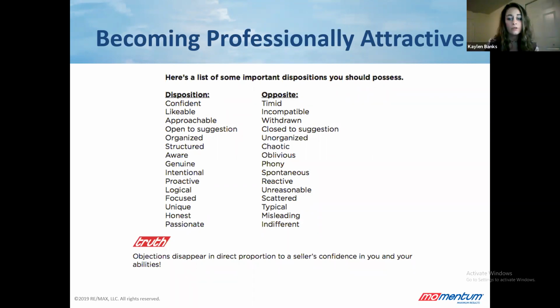That's so true. If you look up there at the screen that you're on, we're not going to go through every one of these, but the left side shows the disposition that we want to have. We want to be confident, likable, approachable, and the opposite of that is timid. You can look through those on your own. There's a fine line. We want to be confident, but not arrogant. And we want to be empathetic. A lot of times you've been across the seat from the other people, so the more you can use your own personal experiences in selling homes, the better.